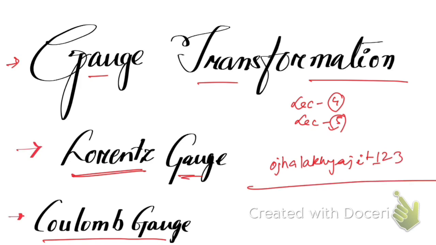So now let's start. What is Gauss transformation? Now you see, in lecture number 5, we have already discussed how magnetic field and electric field are invariant under Gauss transformation.